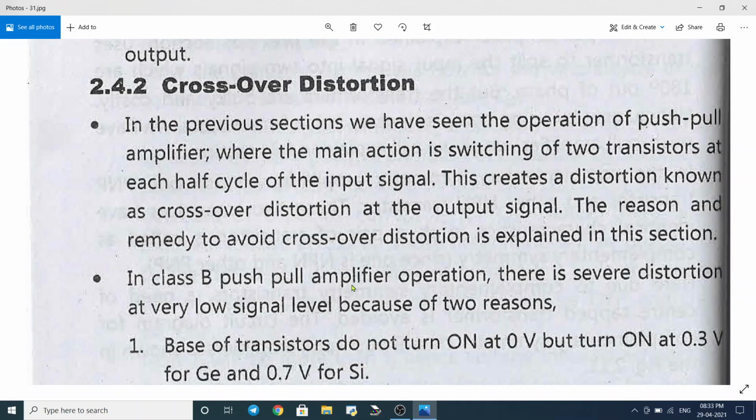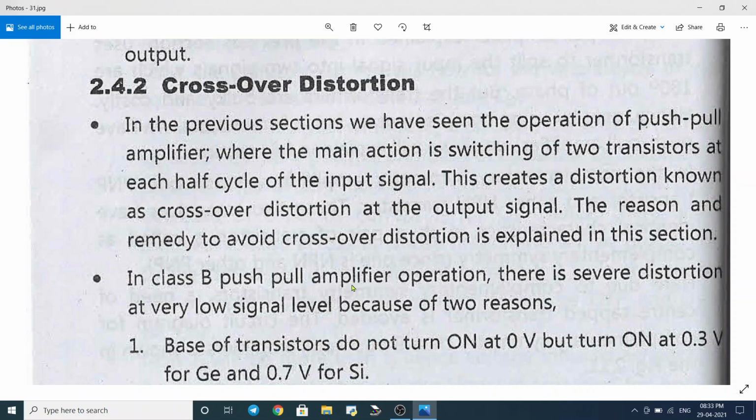The harmonic distortion, which we have seen in the last sections, that occurs due to class A power amplifier, can be reduced using class B power amplifier. But we are seeing the large signal amplifiers.